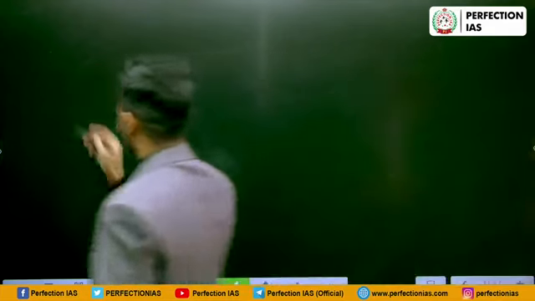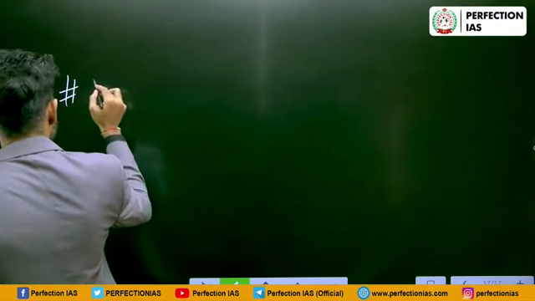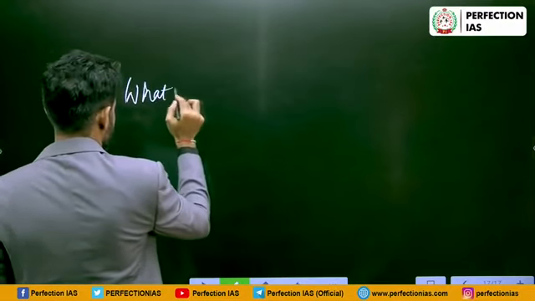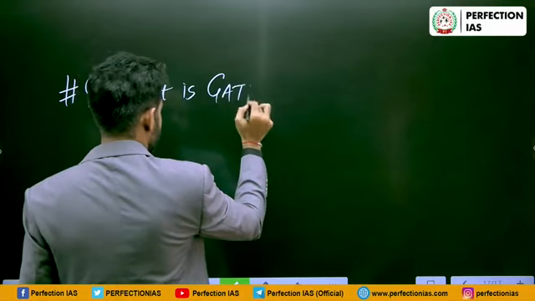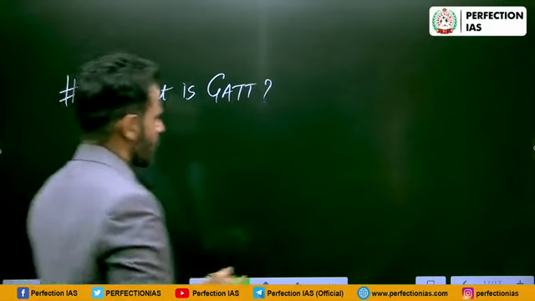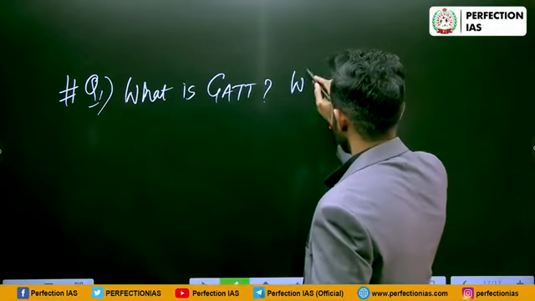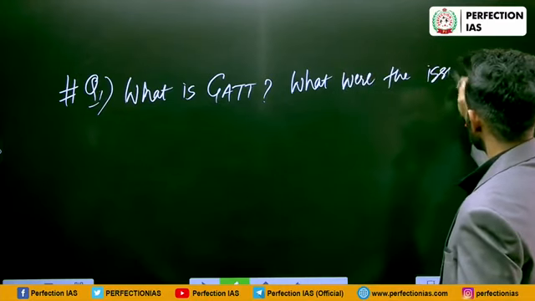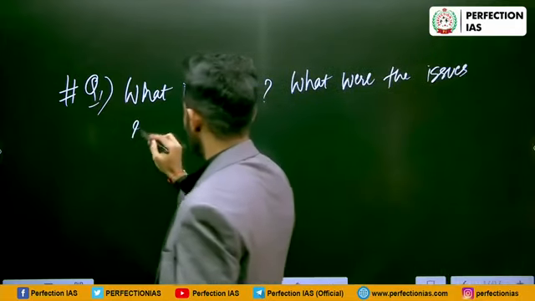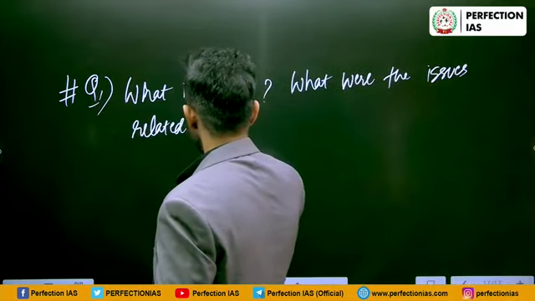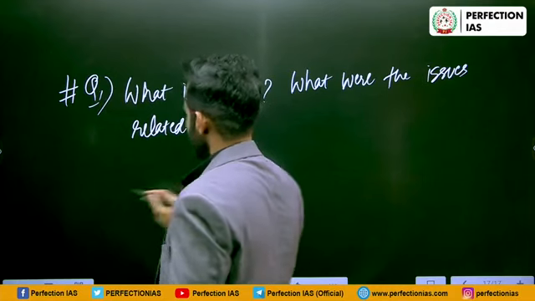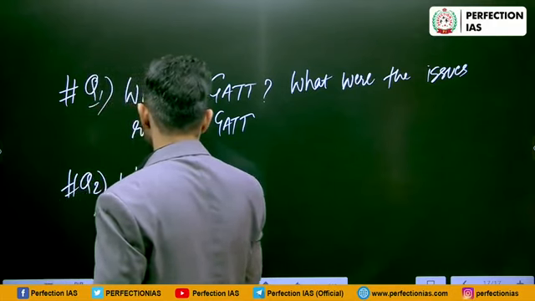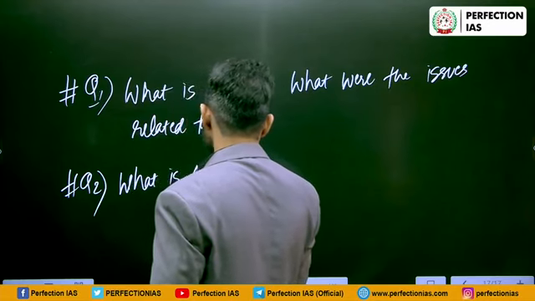Now we are going to discuss, or we are going to have two questions. One is, what is GATT? What were the issues related to GATT? Second question is, what is agreement on agriculture?